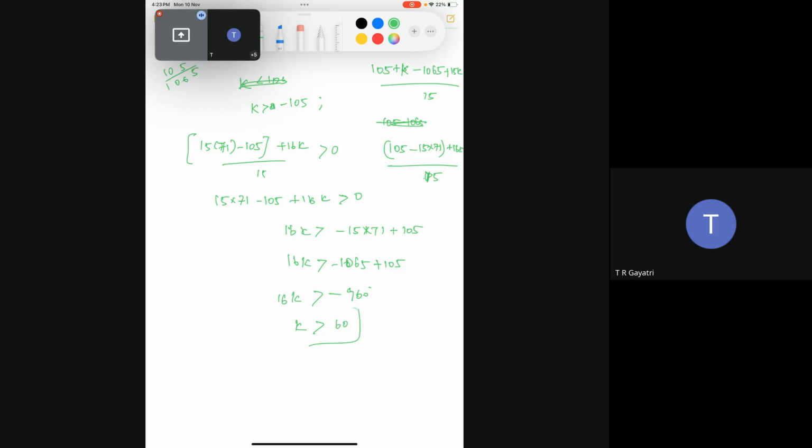We cannot, because we have found a finite number, right? The correct answer is given as true: for all values of k, the system is stable. I was thinking k will be changed from 0 to infinity, right? If it is less than minus 60, it is not stable.